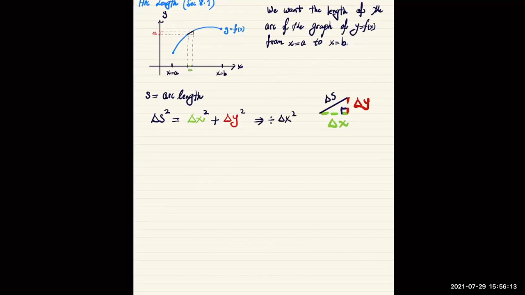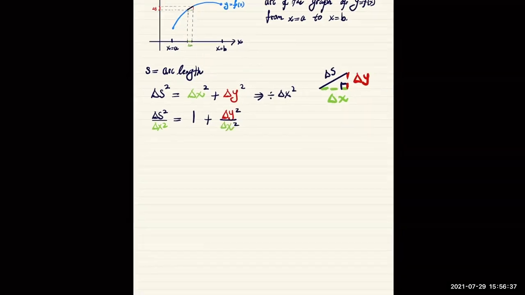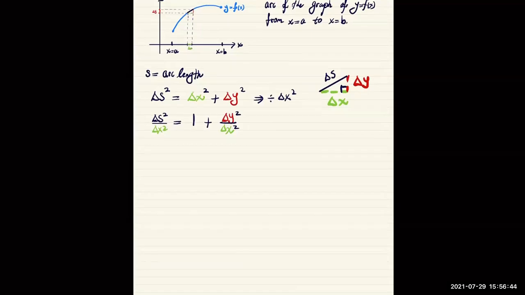Divide by delta x squared. You get delta s squared over delta x squared equal to, divide that by itself, you just get 1 plus delta y squared over delta x squared. I can write that as delta y over delta x, the whole thing squared.